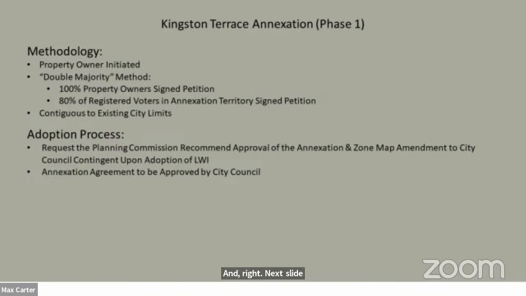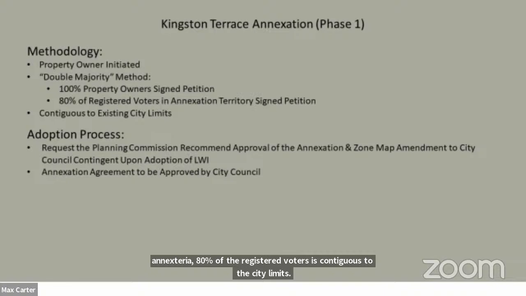And this is just summarizing the methodology for the annexation, which has been property owner initiated. It includes 100% of the property owners of the annexed area, 80% of the registered voters, is contiguous to the city limits, and meets the criteria for annexation.